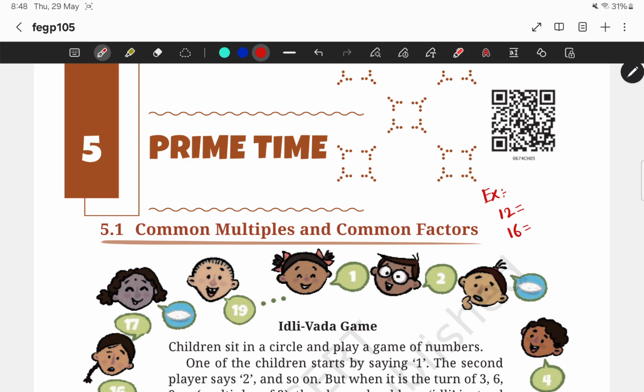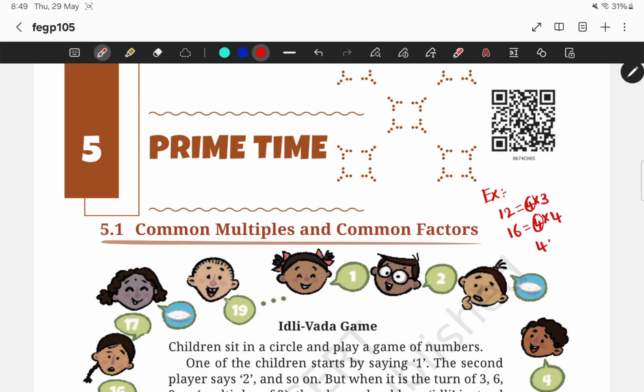12 and 16. So 12 is a multiple of 4, right? 4 3s are 12. For 16, 4 4s are 16. So you can observe here 4 is a multiple of both 12 and 16. So it is a common factor.